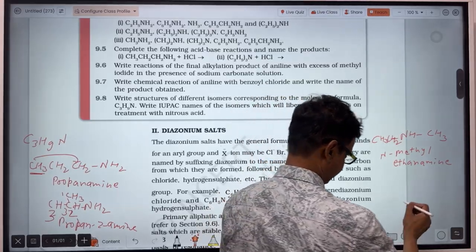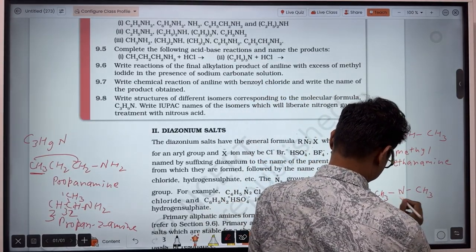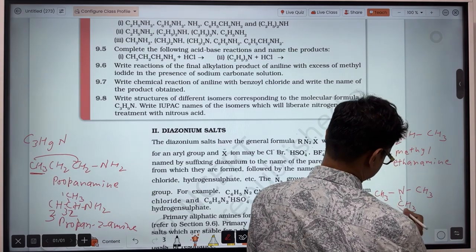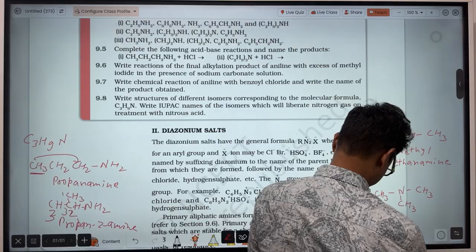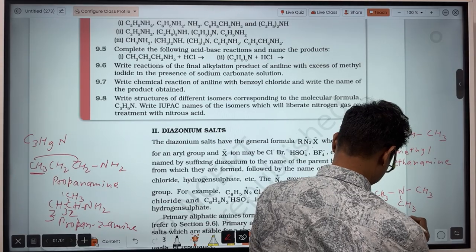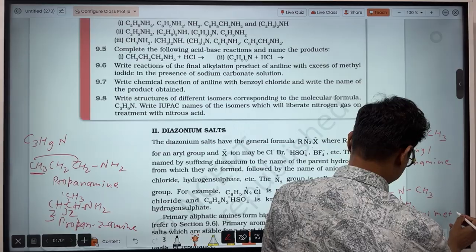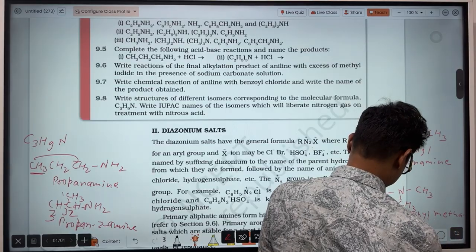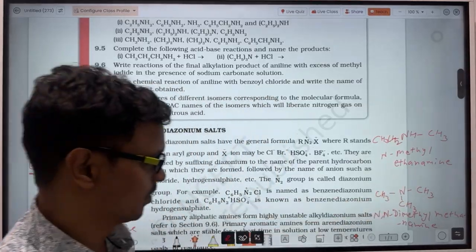So what will be there? So how many isomers have been formed?